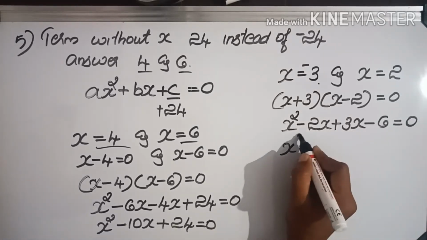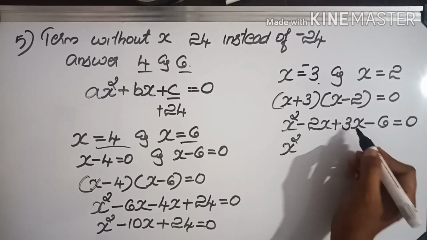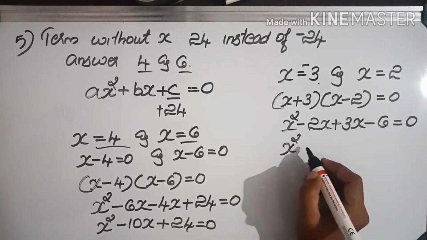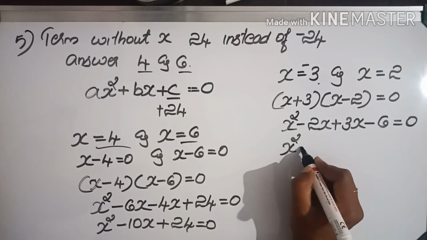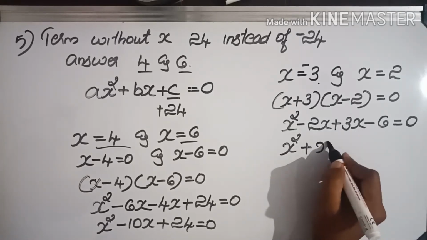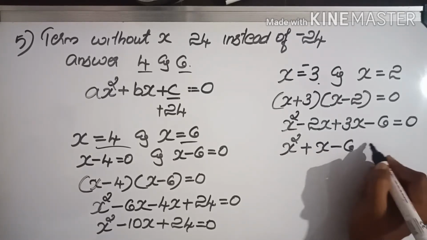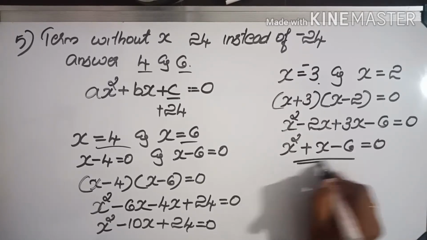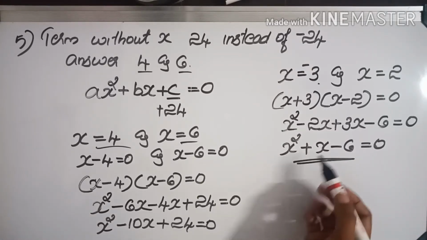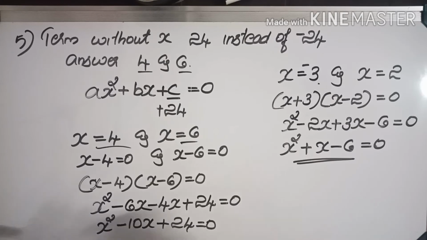So x square minus 2x and plus 3x. Different sign means subtraction and put the bigger number's sign, that is plus x. Remaining is minus 6 equal to 0. This is the second degree equation with the solutions as minus 3 and 2. Just by taking the reverse sign we can write the second degree equation, like we did here.